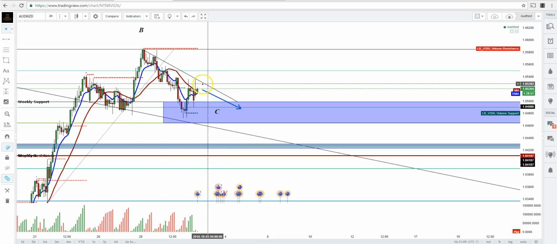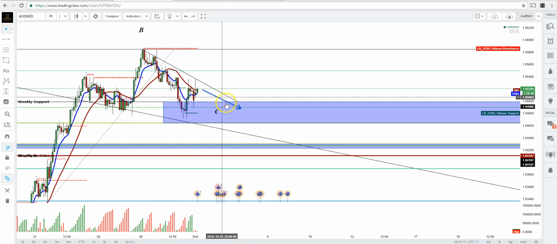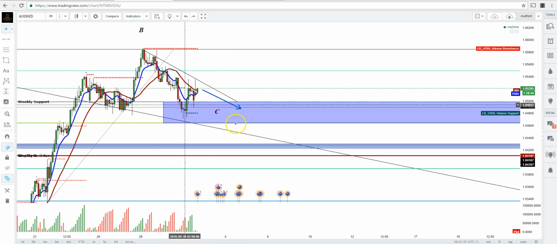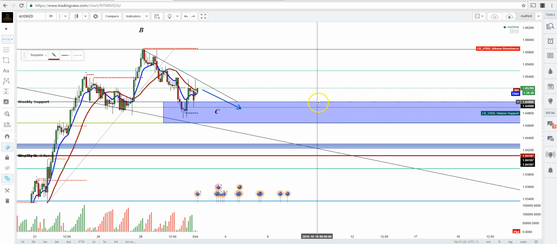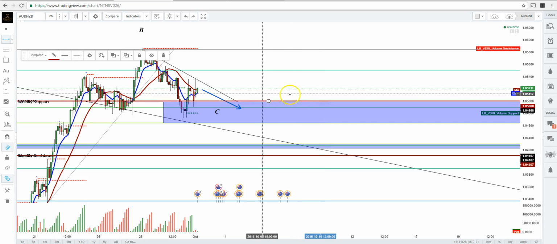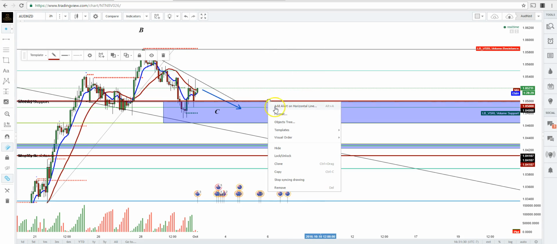I'm looking to enter at a break of this trend line, but as close to weekly support as I can get. So I'll use 1.0500 as my buy limit. This will be my buy limit.